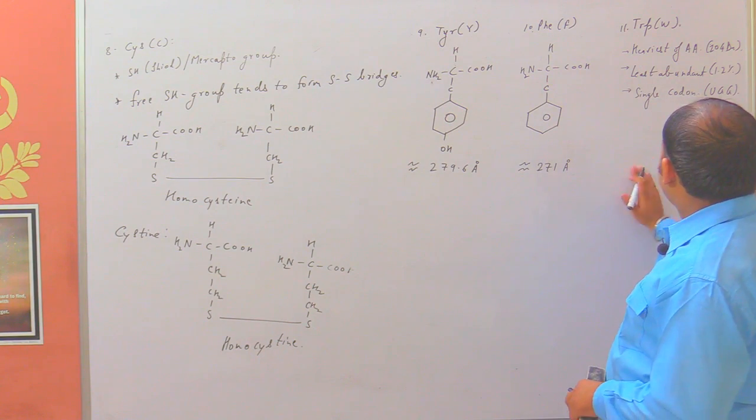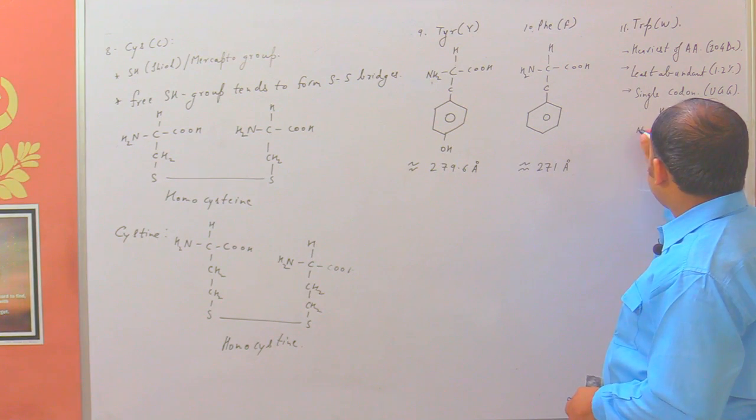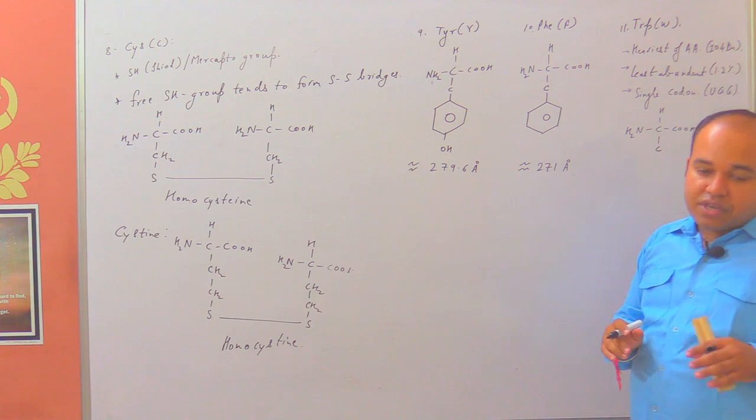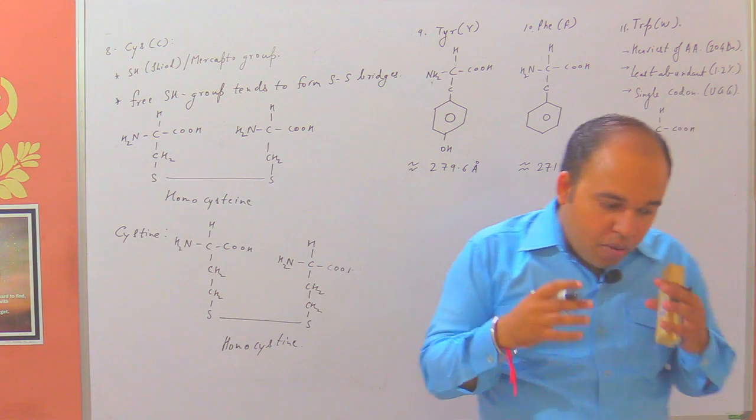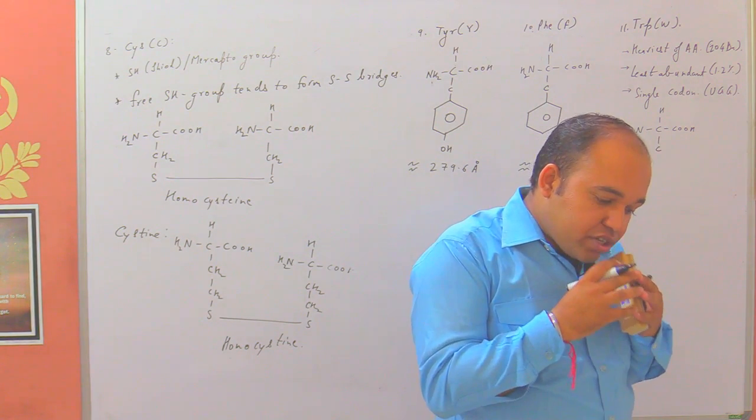When you look at the structure of tryptophan, you find that it has a carboxyl group, the standard amino acid structure. Then there are rings, and those rings form a complex network of structures that constitute tryptophan.